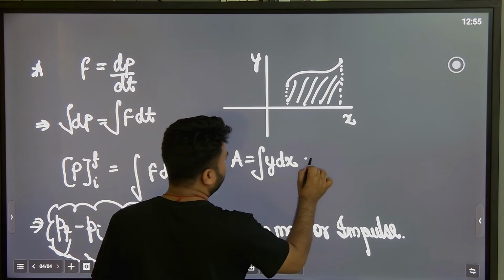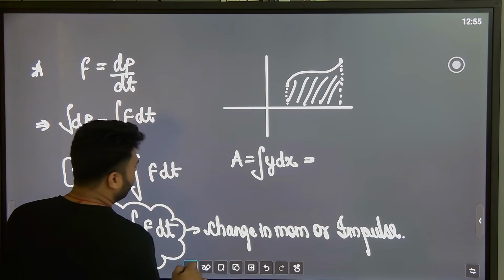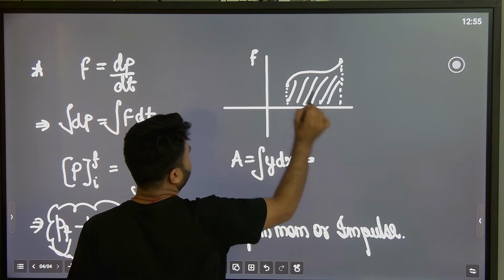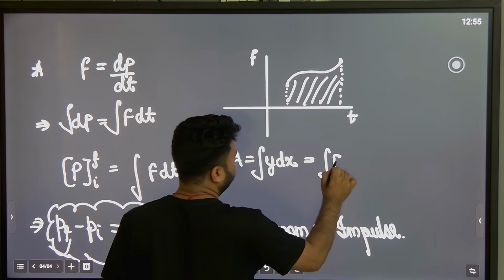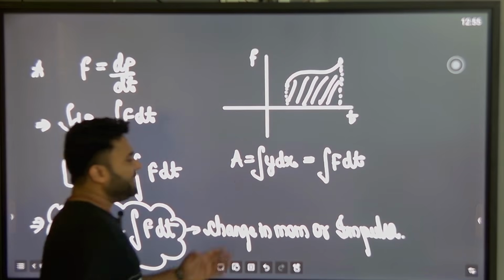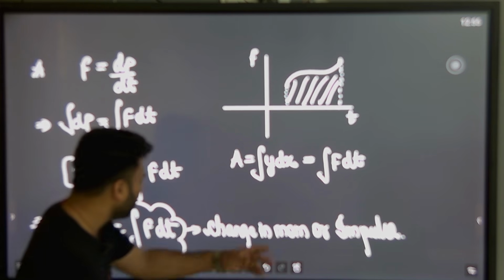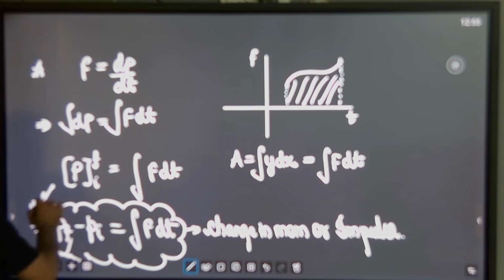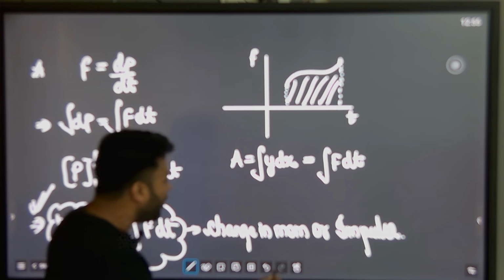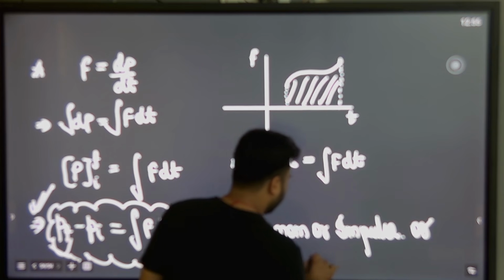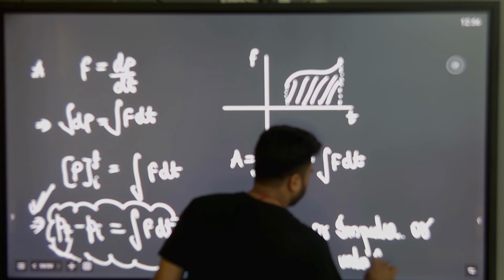But if in place of y versus x we have an f versus t graph, the area under the graph will be the integration of f dt. And what is f dt? Impulse or change in momentum. So change in momentum or impulse you can find by final momentum minus initial momentum, or integration of f dt, or area under the ft graph.